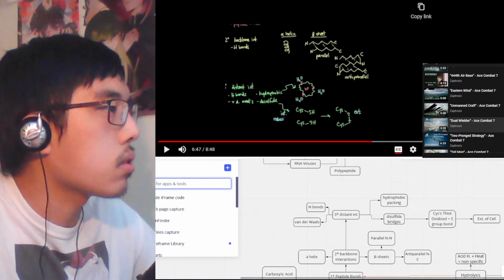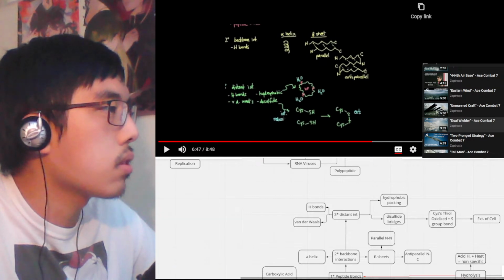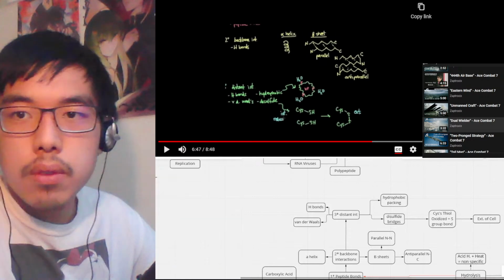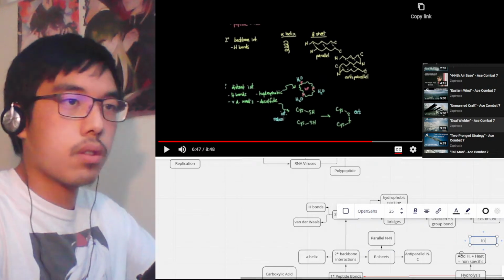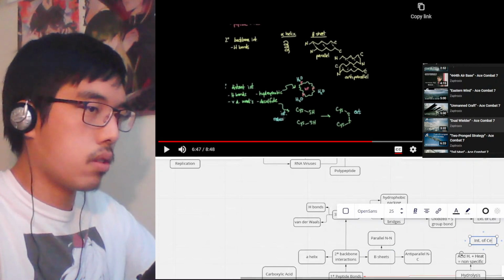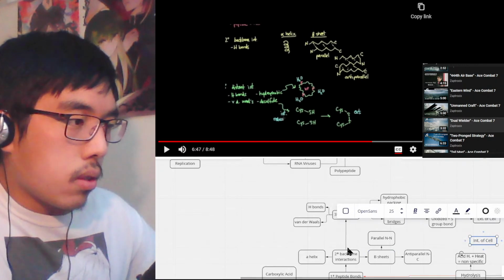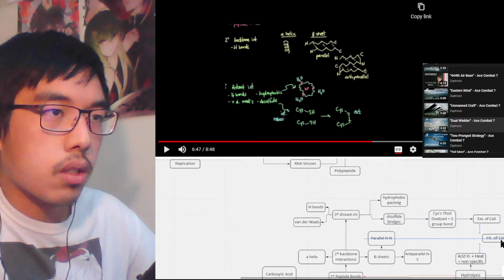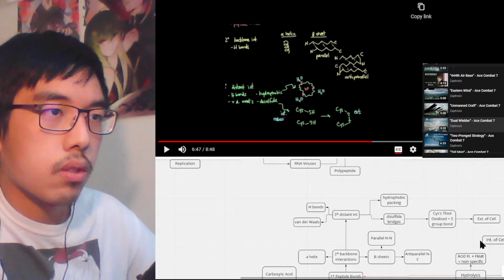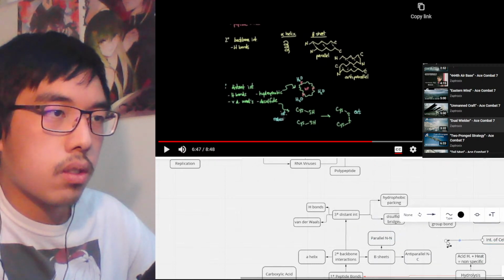I don't have all my tools available on Miro. Where is it? There it is. That's the one I want. So interior cell has antioxidants which counteract this. So antioxidants.